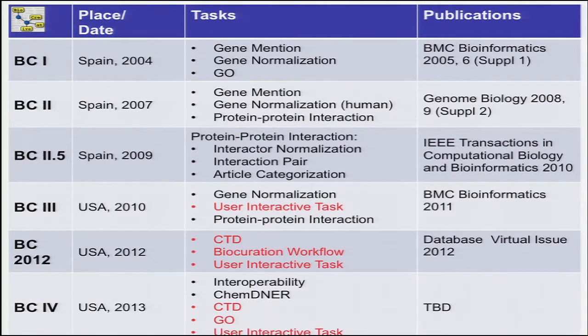Again, we are not interested only in systems that tackle individual problems, so we want to see how they can be presented to curators so they can actually use them for curation. The last one was in 2012, and the next one will be in October. Here in red are the ones that really have biocurators involved in the different tasks.